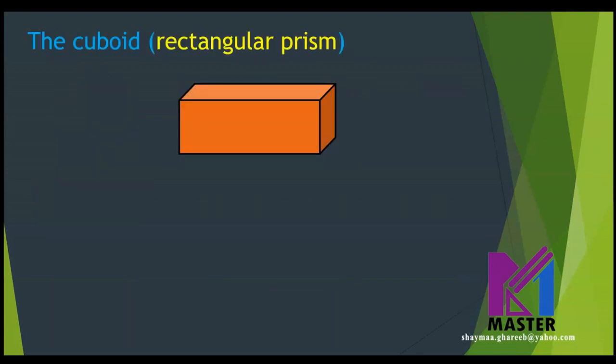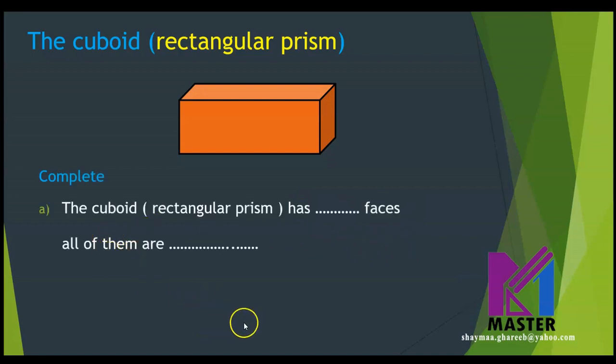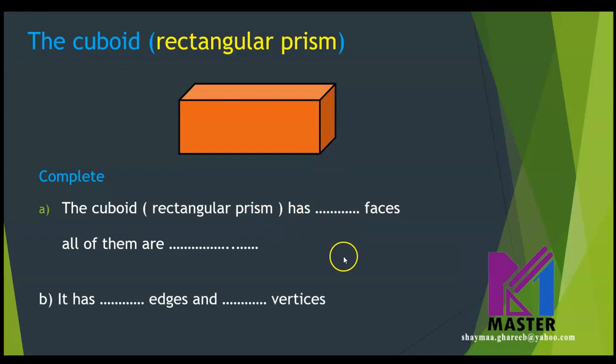The cuboid has another name, which is rectangular prism, because it's a type of prisms. Let's answer these questions about the properties of the cuboid. The cuboid or the rectangular prism has how many faces? 6 faces. All of them are rectangles.